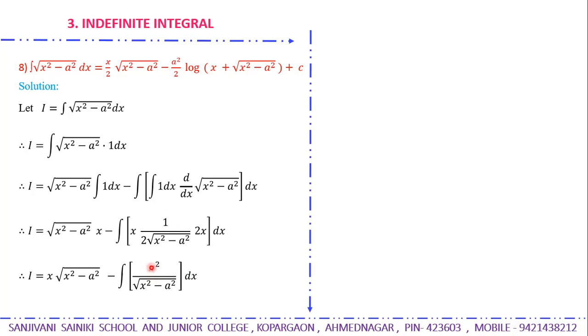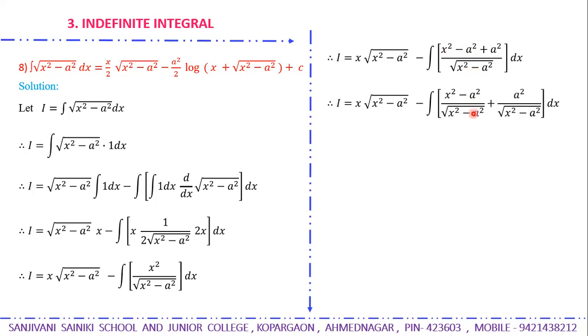Now next step, I will subtract a square and add a square. So x square minus a square plus a square. I will group x square minus a square and divide it by root x square minus a square, plus a square upon root x square minus a square. Separate the integral, and at the same time simplify this first.